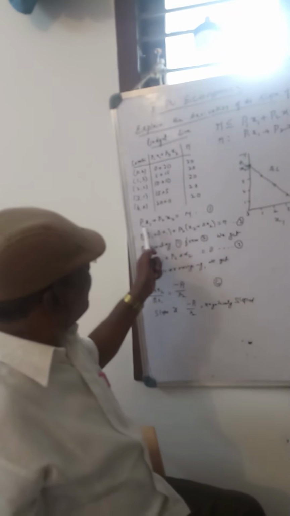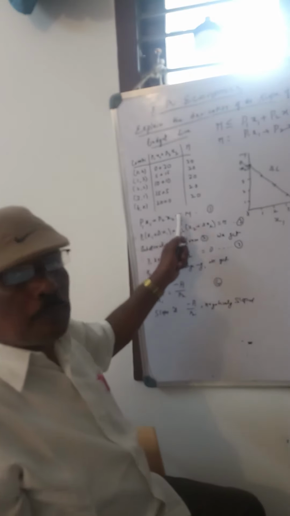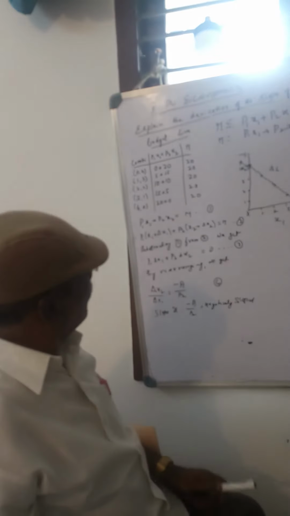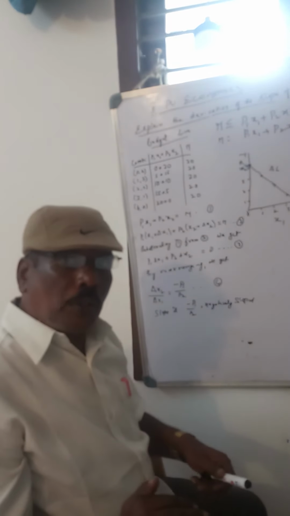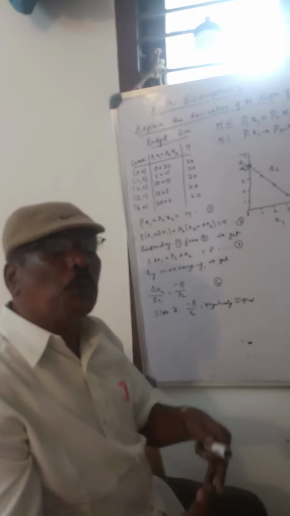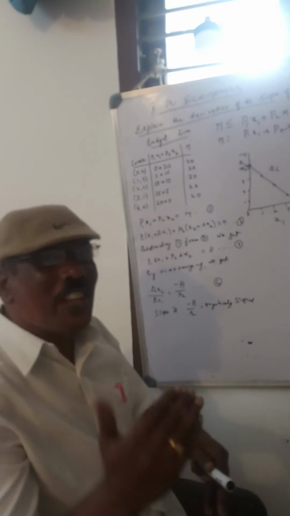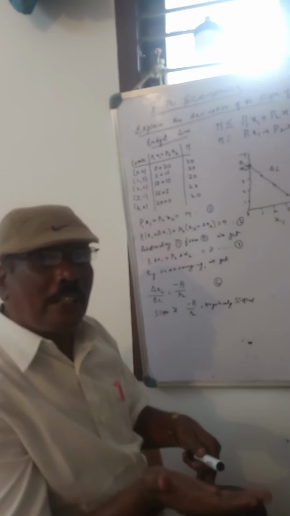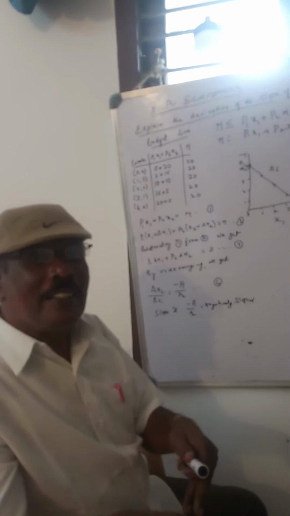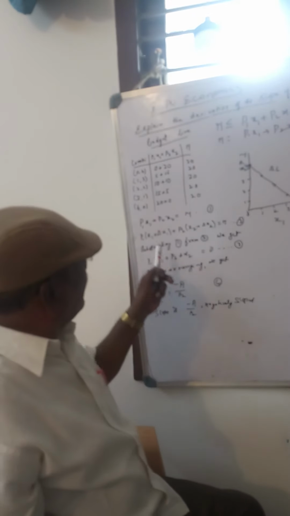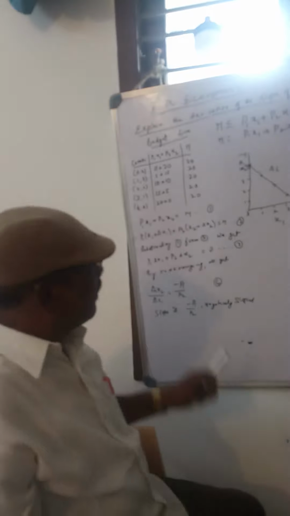That means the cost of these two goods must be equal to the income of the consumer. Now you know that the consumer goes on substituting one good for another. When he increases the use of one commodity, there will be a decrease in the use of another commodity. And that is depicted in delta.